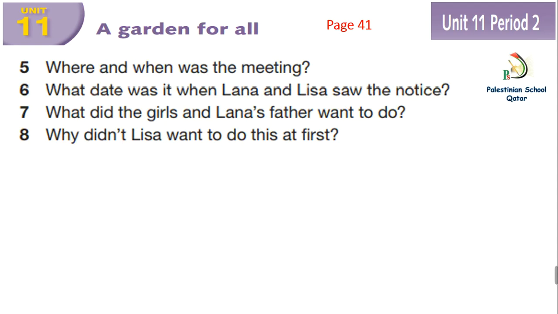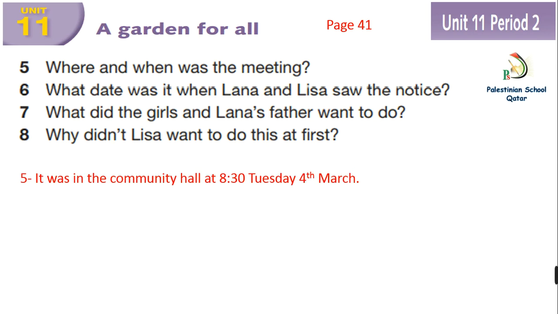Number 5, where and when was the meeting? It was in the community hall at 8:30 on Tuesday, 4th March. And number 6, what date was it when Lana and Lisa saw the notice?